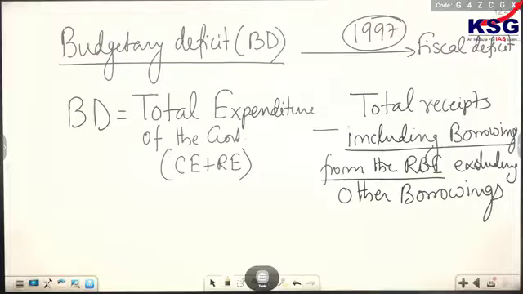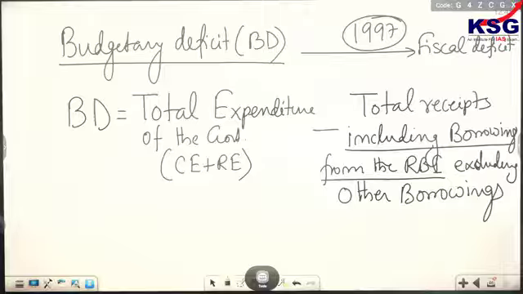When the government rationalizes the expenditure and augments the receipts, augmenting means increasing receipts, that leads to a decrease in your deficit, and it is known as fiscal consolidation or fiscal consolidation policy. It is the government's policy to achieve fiscal consolidation. This is the aim. Simply, fiscal consolidation means when the government rationalizes the expenditure and augments the receipts.